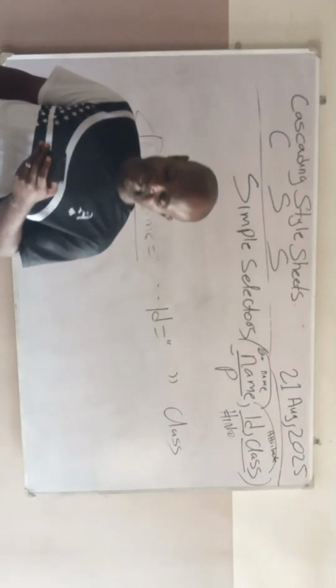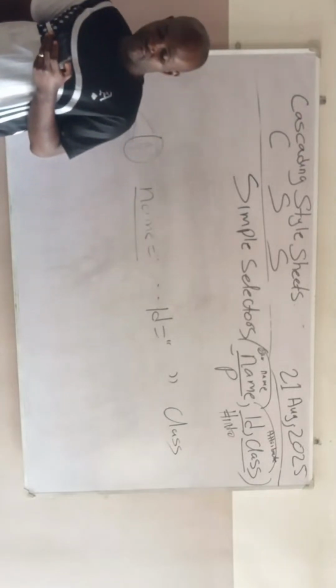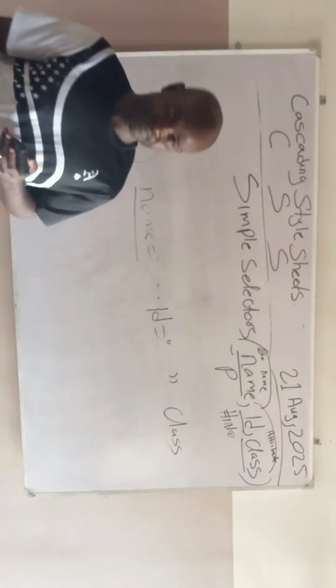Now, the class selector selects HTML elements with a specific class attribute. To select elements with a specific class attribute, write the period character followed by the class name.